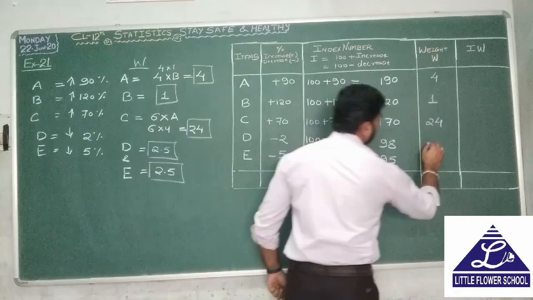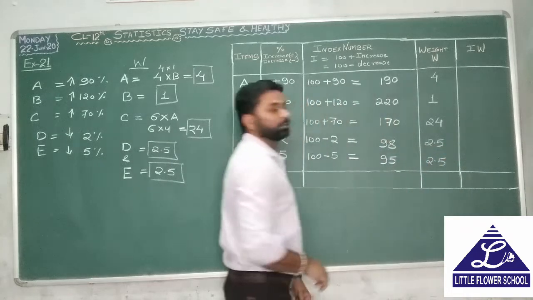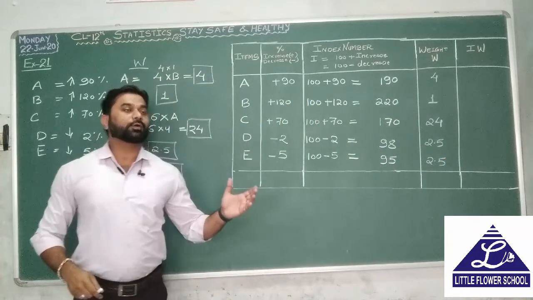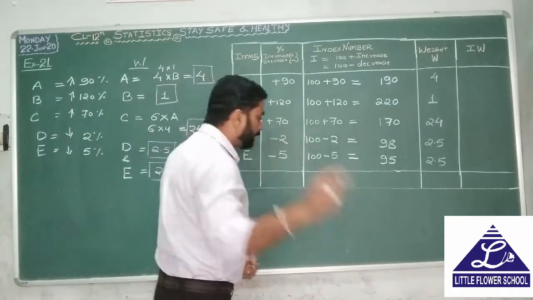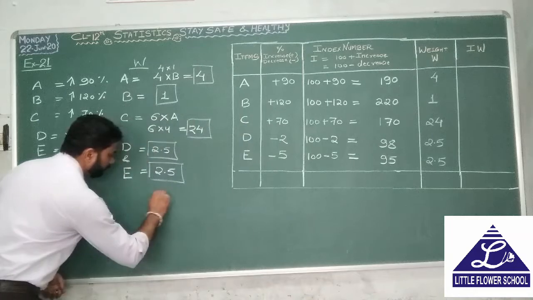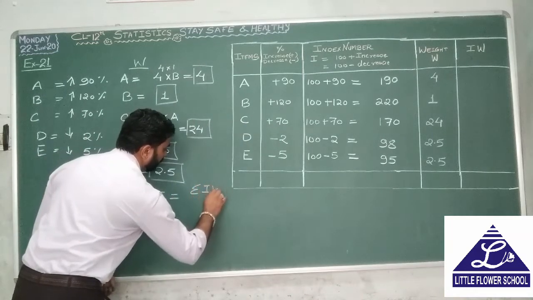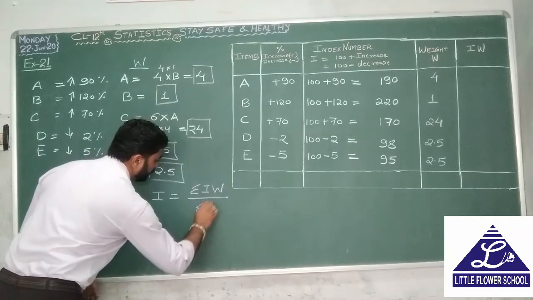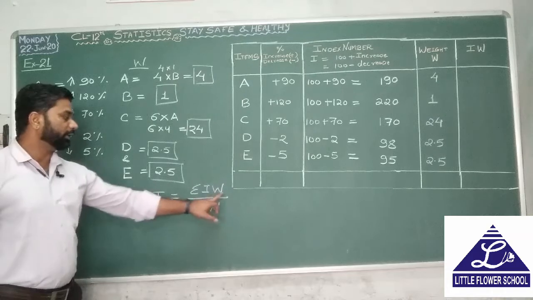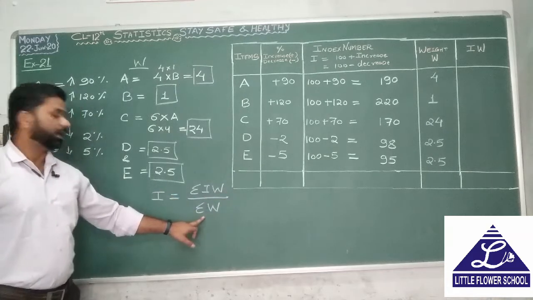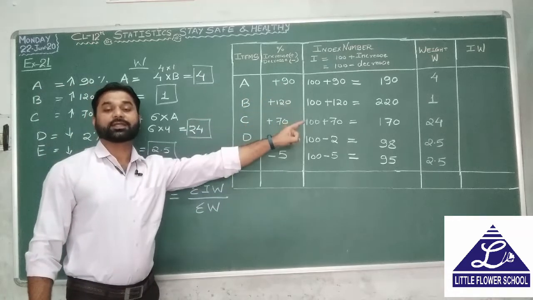Now we need to find out IW because according to the formula, I is equal to sigma IW upon sigma W. This is the formula. We need to find IW, then sigma.